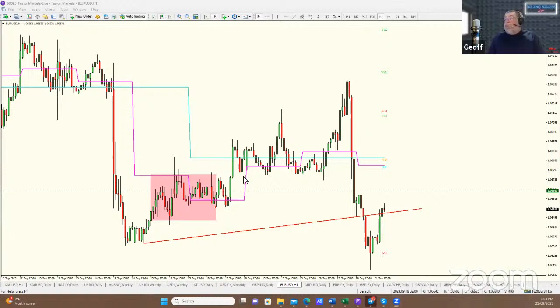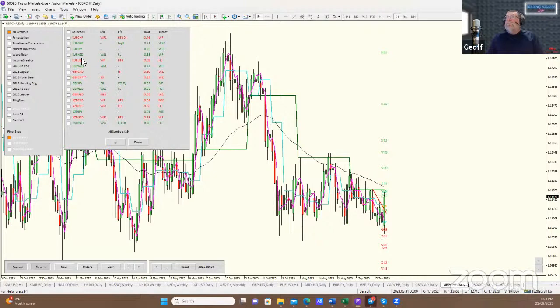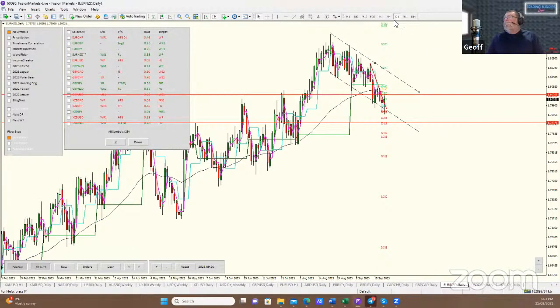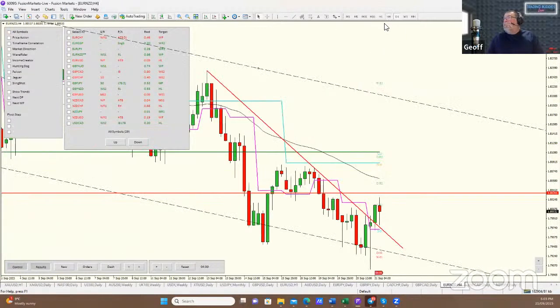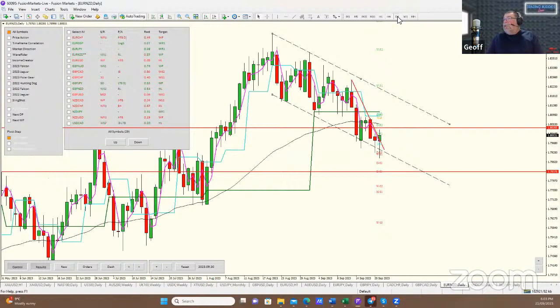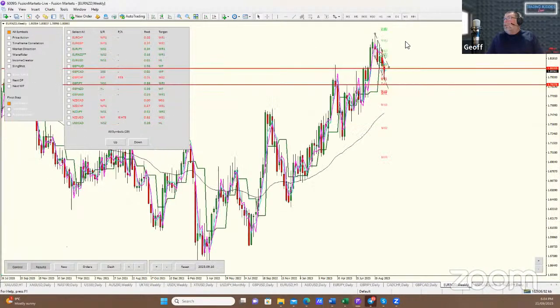We can go back to Euro Kiwi, which I want to do. How significant is that red line? Yeah, it's significant.